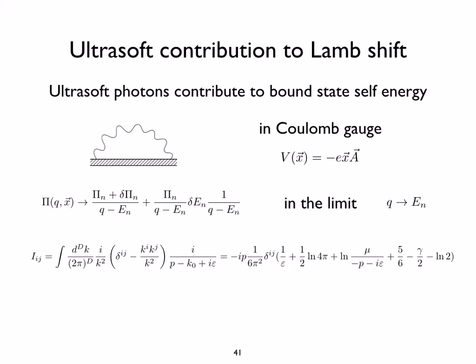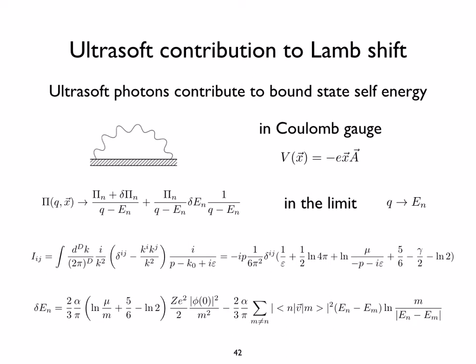The divergent piece of this integral can be included in the Darwin type counterterm, and the subtraction point dependence will cancel with the subtraction point dependence in the Darwin-Wilson coefficient.